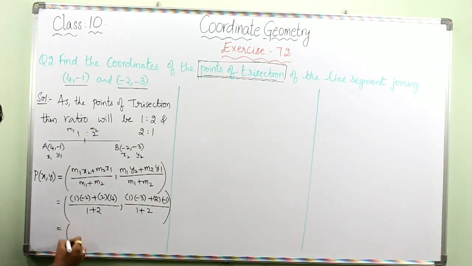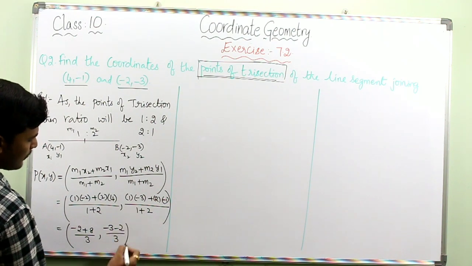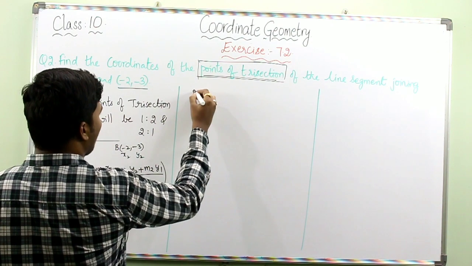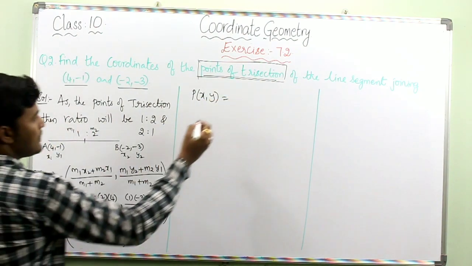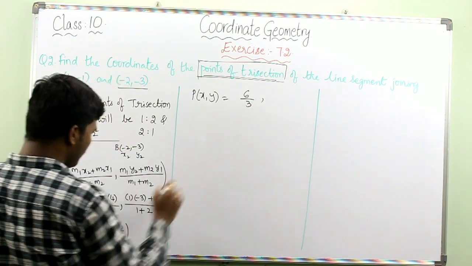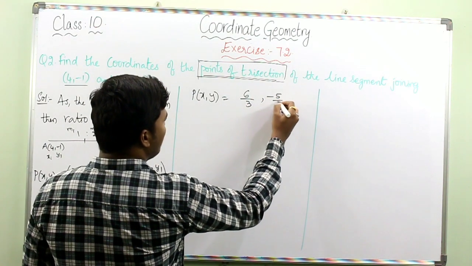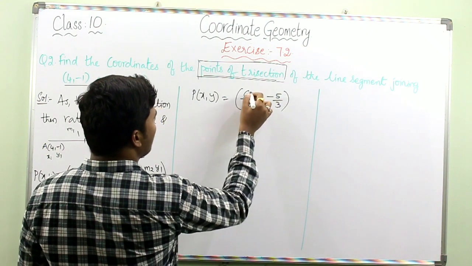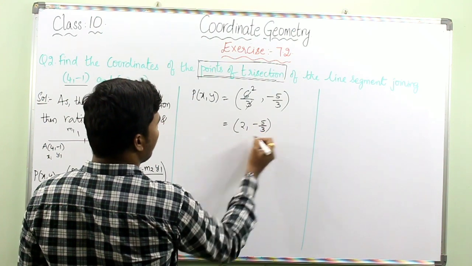So plus into minus is minus: -2 plus 4 twos is 8, by 2 plus 1 which is 3; and -3 minus 2, by 3. So P(x, y) = (8 minus 2 is 6, 6 by 3, and -3 minus 2 is -5 by 3). Therefore 3 ones are 3, 3 twos are 6. So the point is (2, -5/3).